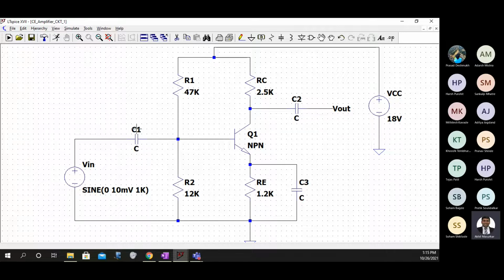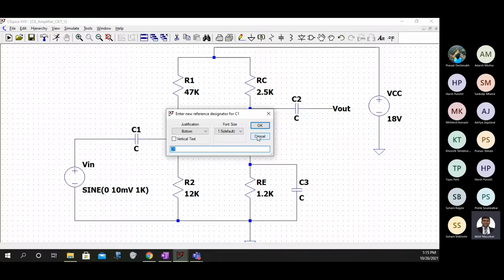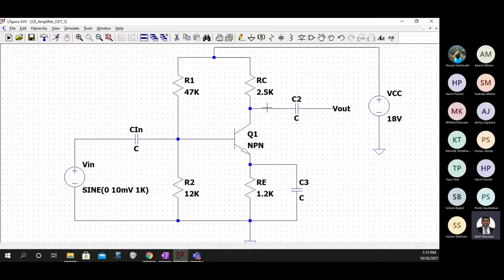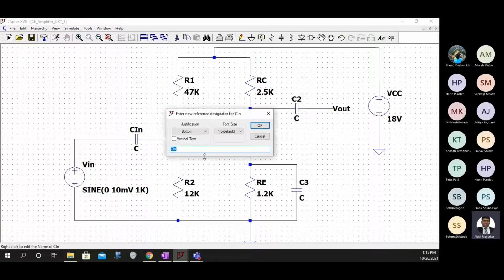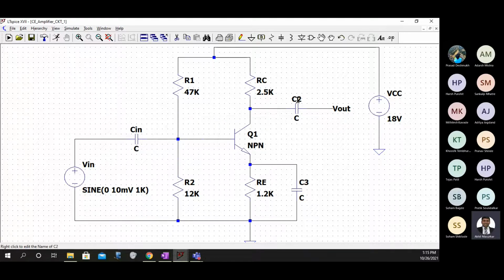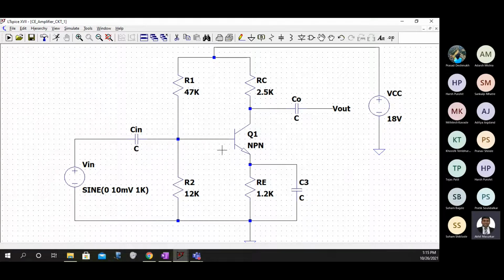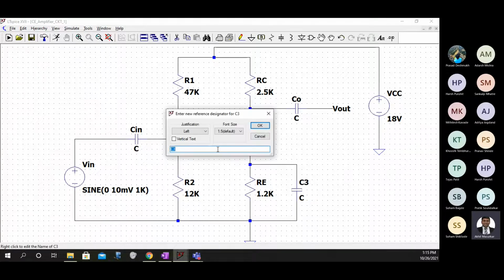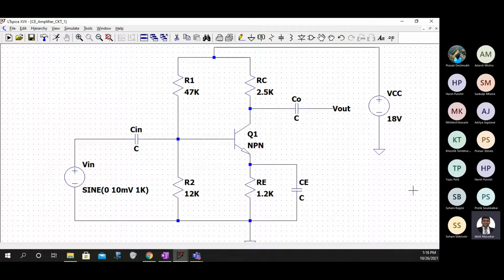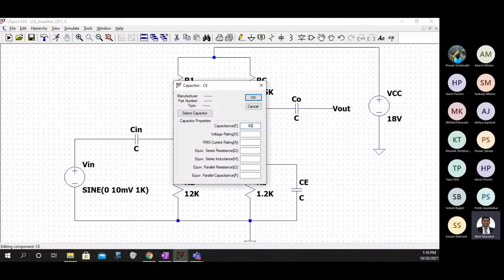and this is my, meaning, the values of the capacitances. So I'll call this as C, and this is C, and the values. So this was 68.